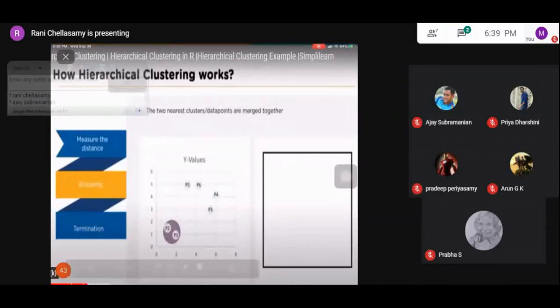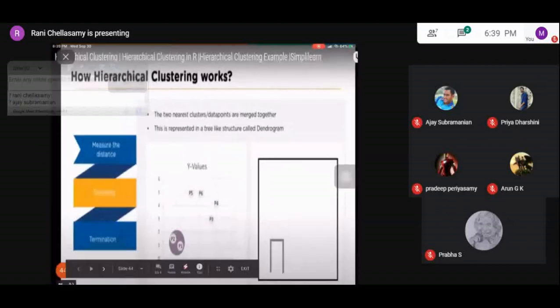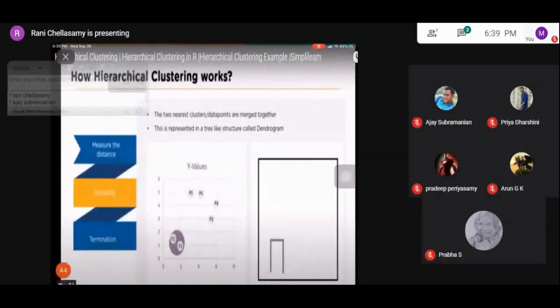Now these two, P1 and P2, are represented in a tree-like structure called a dendrogram. Upon plotting, we have grouped P1 and P2, represented by the tree-like structure called a dendrogram.